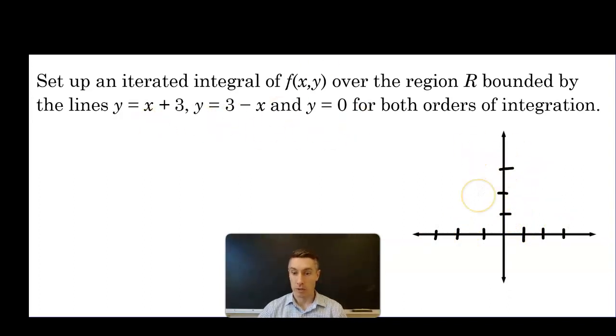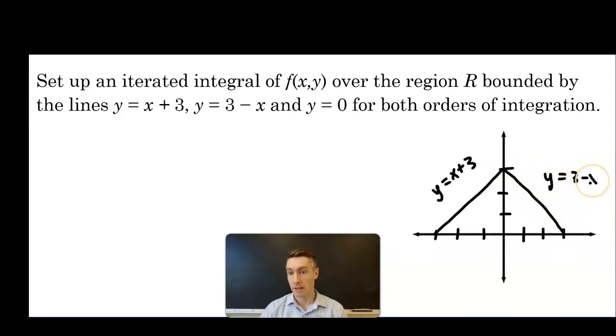So y equals x plus 3 looks like that. Y equals 3 minus x. And then y equals 0.